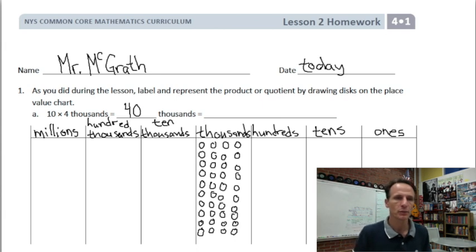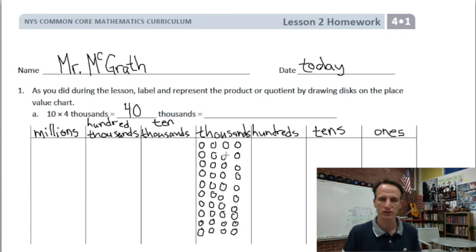And now I'm going to go up and switch colors to red so you can see clearly me bundle these up. So we can bundle 10,000s up because 10,000s is equal to a 10,000, one 10,000. And these 10,000s are equal to, you got it, one 10,000.